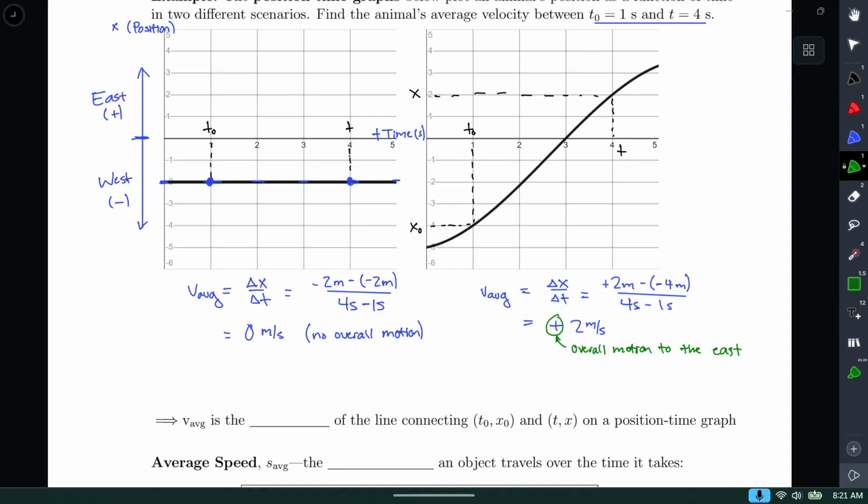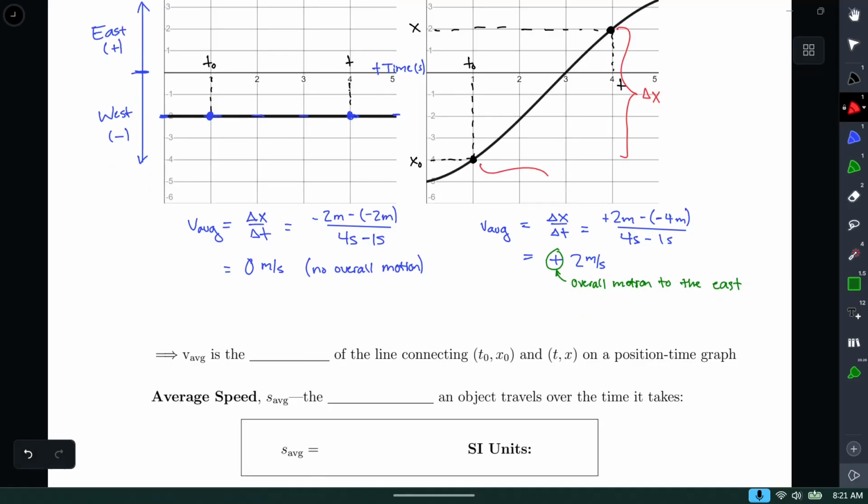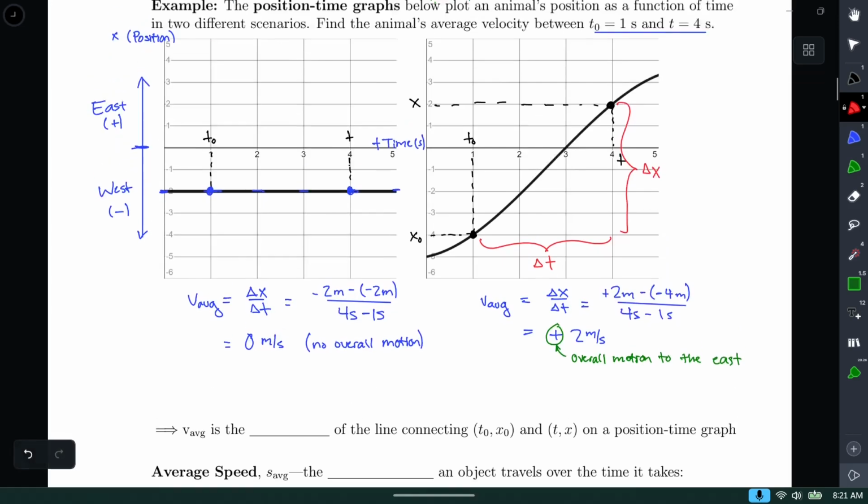The other thing I'm going to point out is we actually found a very specific feature of this graph. I looked at something between this point and this point. In particular, I had to find the displacement, and that's going to be this difference in coordinates. That's my delta x. And then this difference, my delta t, and I divided them.